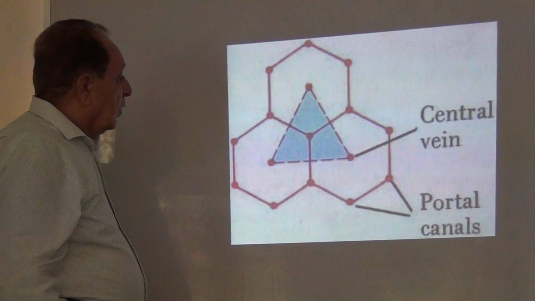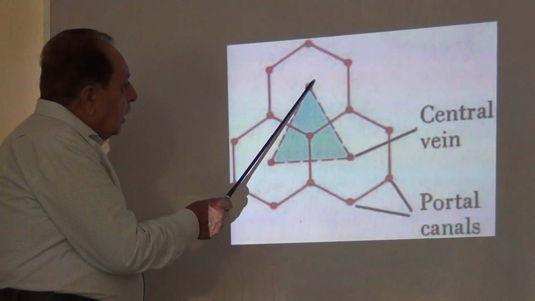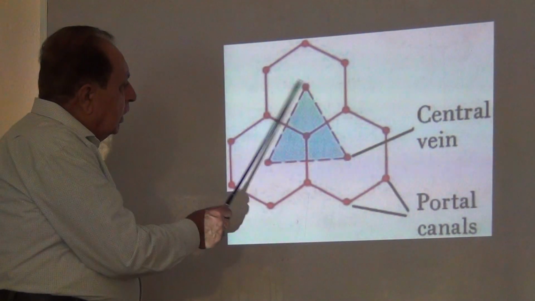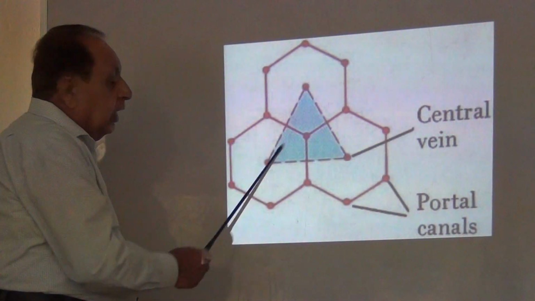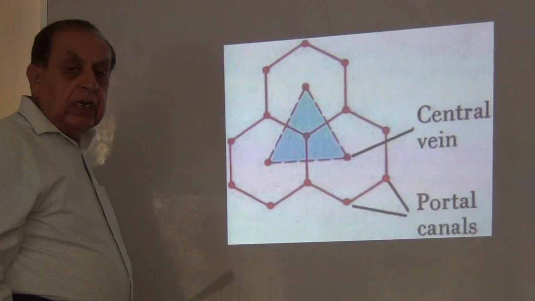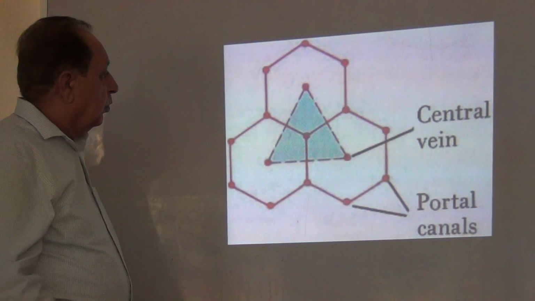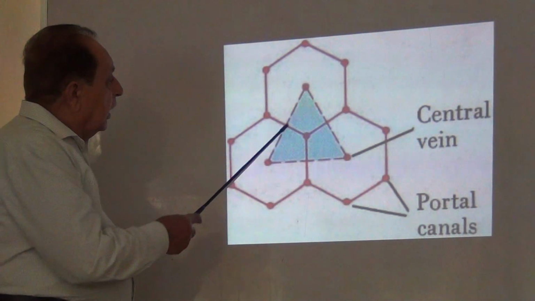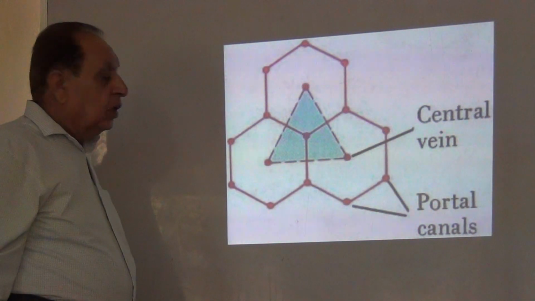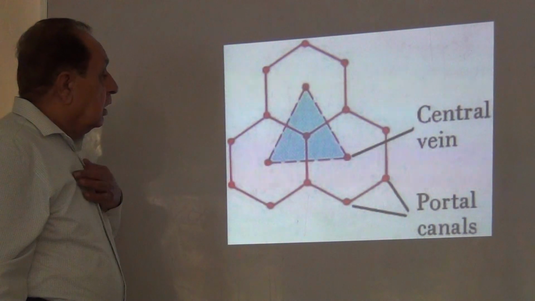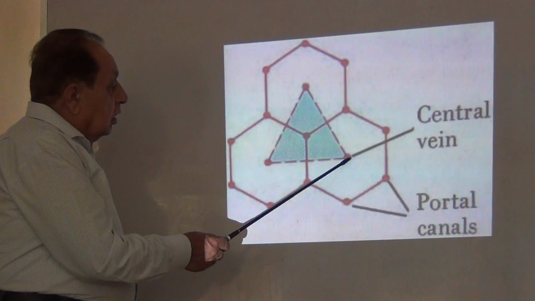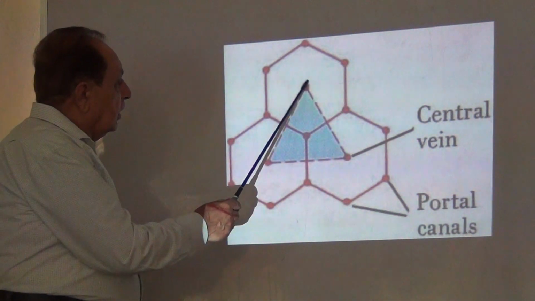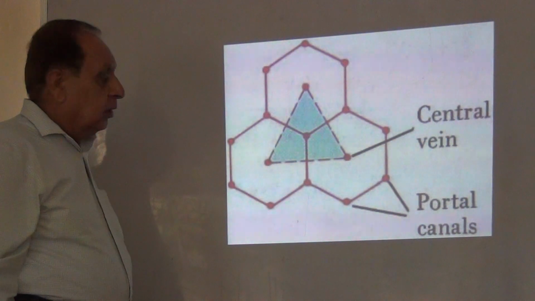Then, if we join the central veins of three adjacent hepatic lobules, it forms a triangular area with central canal at each corner.